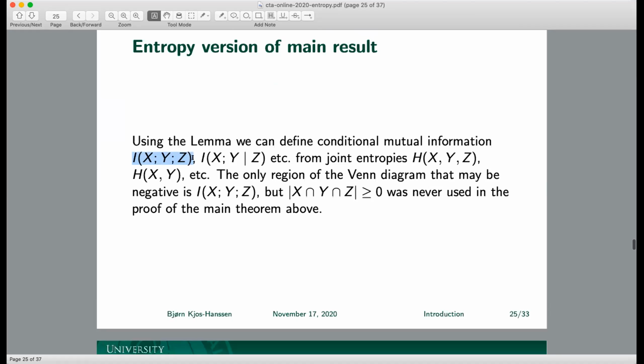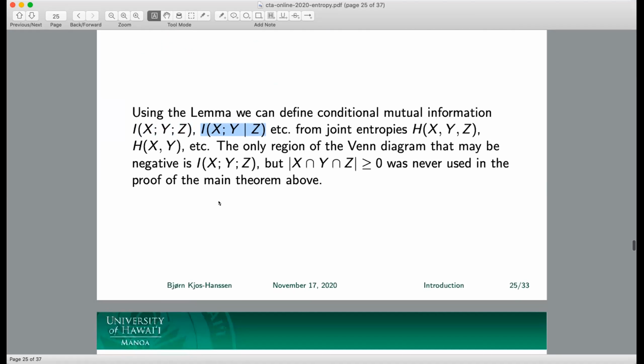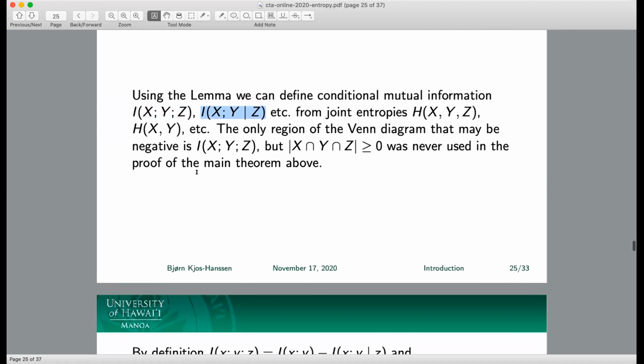We can also define the mutual information of 2 of them given 1. And this is going to be the part of the Venn diagram that's in the intersection of x and y, but outside of z. It turns out the only thing that can be negative is actually the middle of the Venn diagram, the mutual information of x, y, and z.